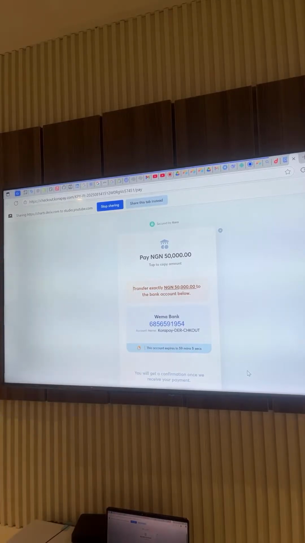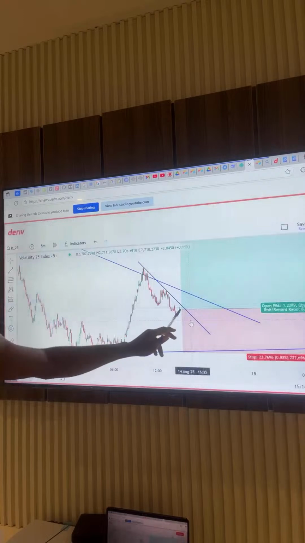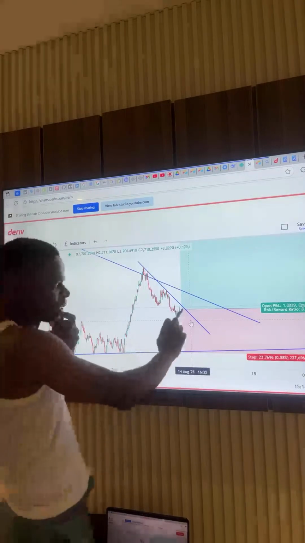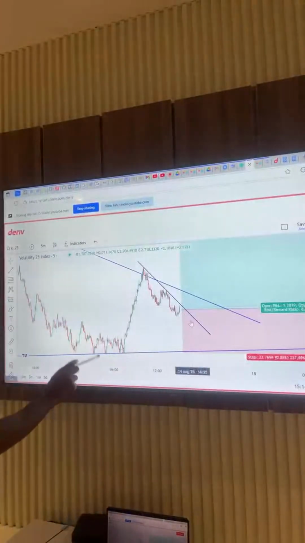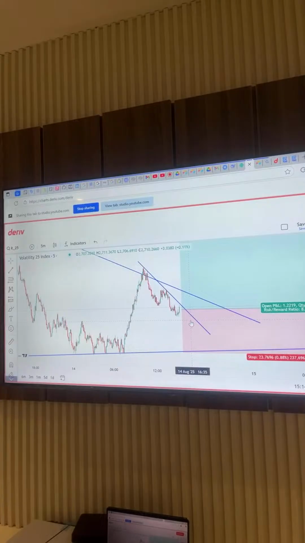I don't know why this network is doing this. But you all can see what is happening. The market has triggered this place. The market has triggered every trade now. So if you have to enter now, you should enter now, but your SL should cover that point.